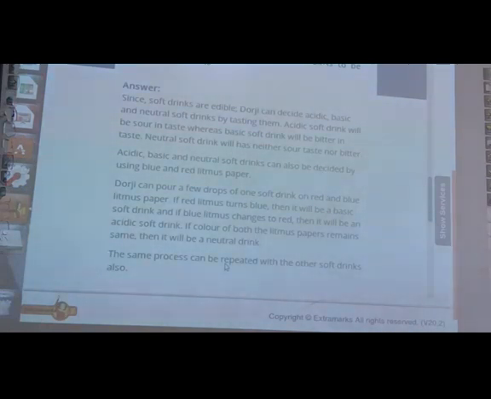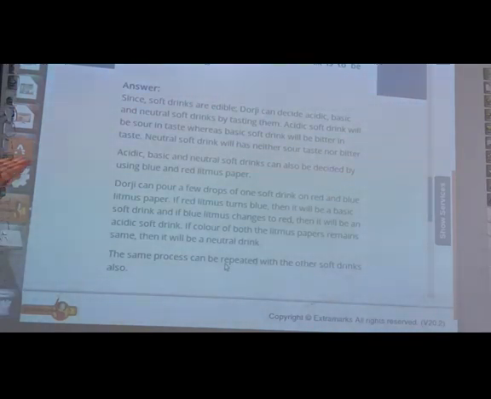So acidic, basic and neutral soft drinks can also be decided by using blue and red litmus paper. Dorji can pour a few drops of one soft drink on red and blue litmus paper. If red litmus turns blue, then it will be basic soft drink, and if blue litmus changes to red, then it will be an acidic soft drink. If color of both the litmus papers remains the same, then it will be a neutral drink.